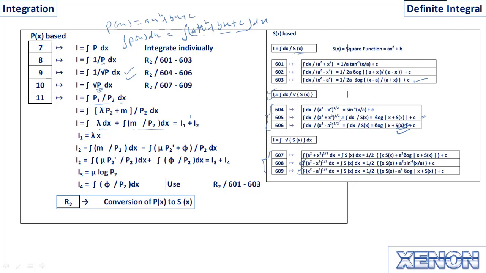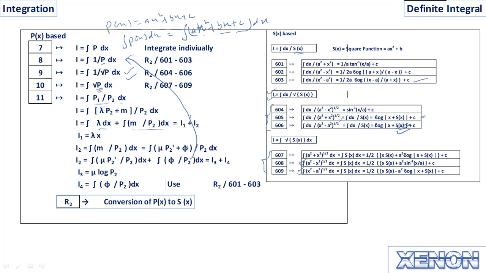So here phi is a constant, so we will get the integration of the form of 1 upon P2 dx. So here it will transfer to the form of this equation, and 1 upon P form will be transferred to integration of 1 upon Sx form, right?